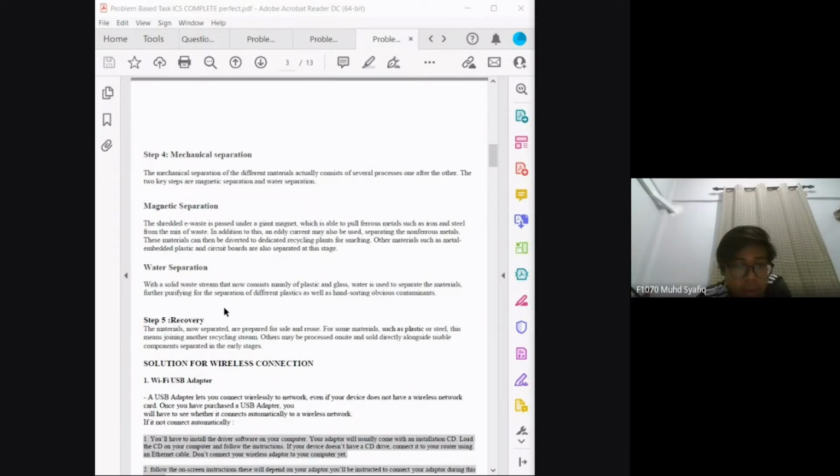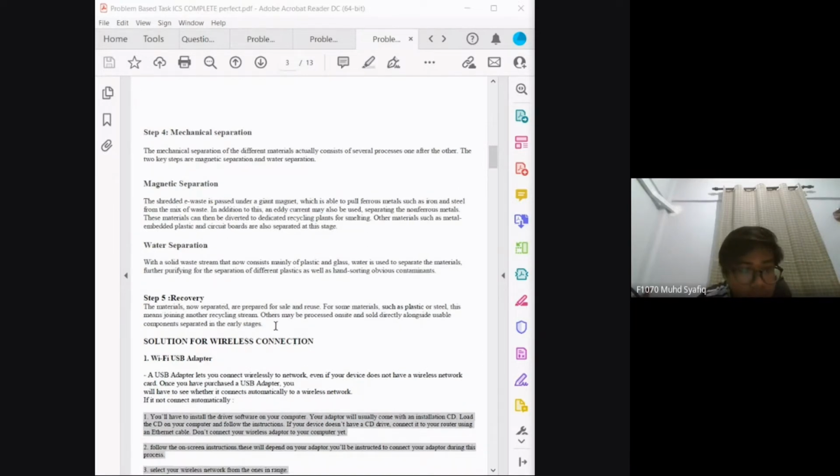In addition to this, an eddy current may also be used, separating the non-ferrous metals. These metals can then be diverted to dedicated recycling plants for smelting. Other materials such as metallic-bearing plastic and circuit boards are also separated at this stage.